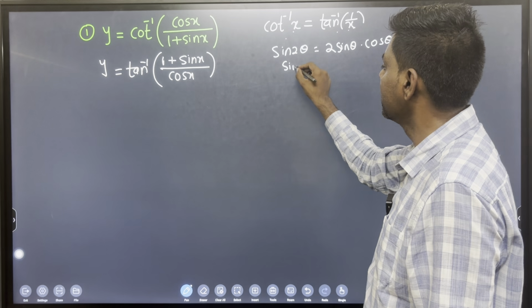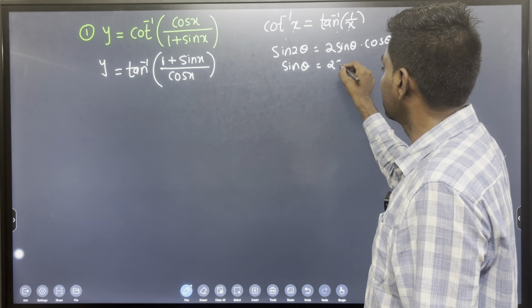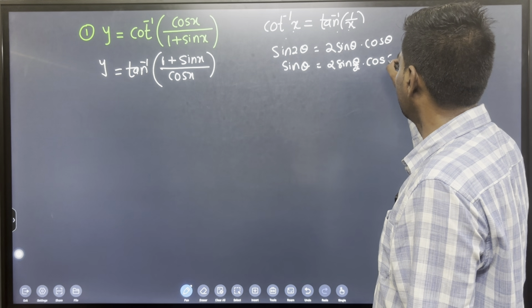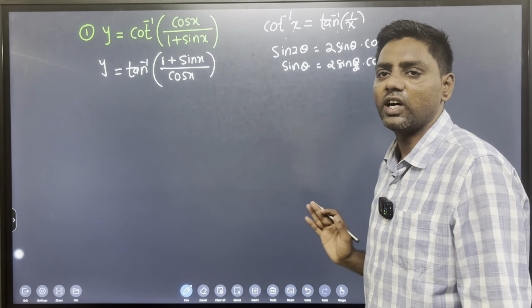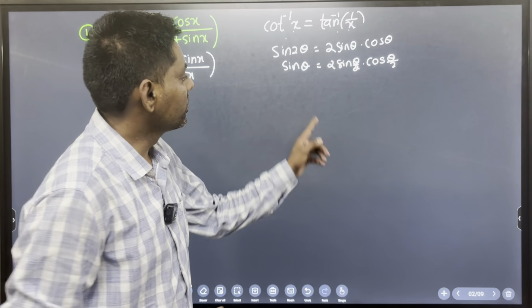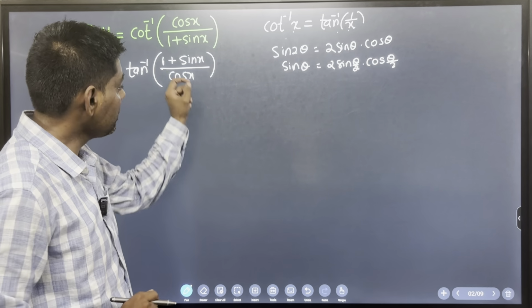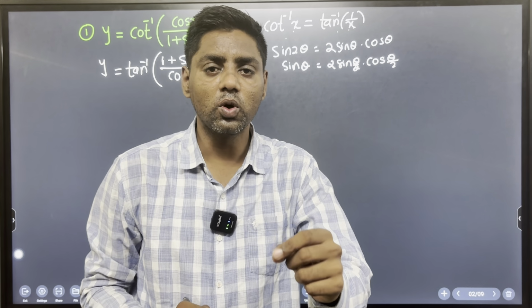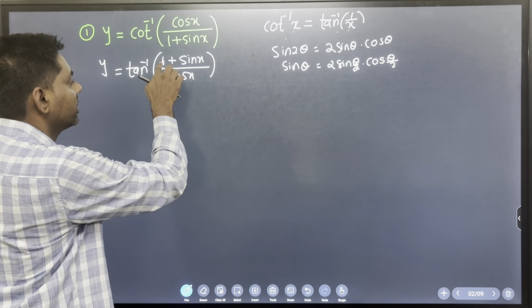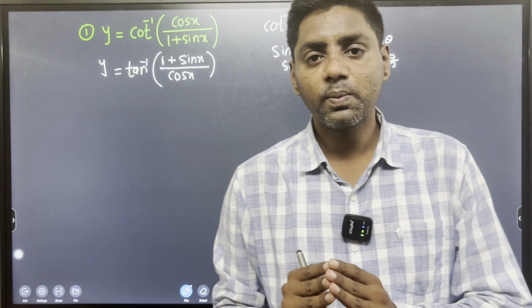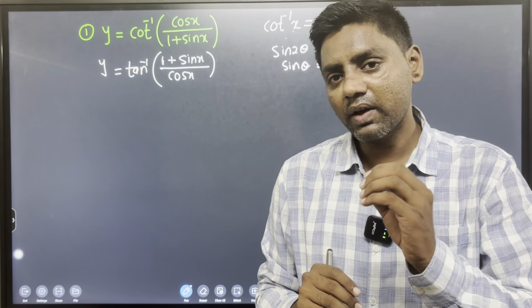When we require only sine of theta, that is 2 sine theta by 2 into cos theta by 2. This is the formula we have to use here. Similarly, here with x, this is replaced by 2 sine x by 2 into cos x by 2. After that, 1 is present, so remember the fundamental quantity in which sine and cos are present and the answer is 1.